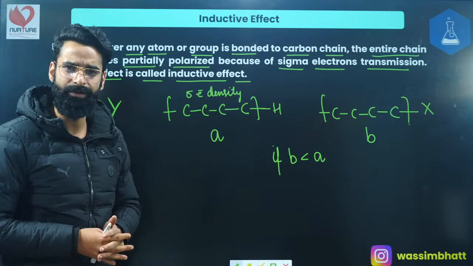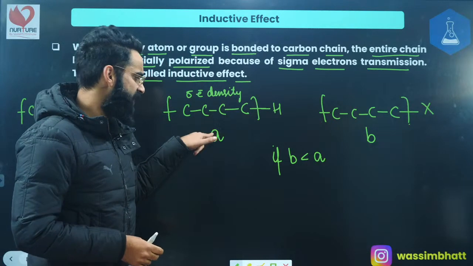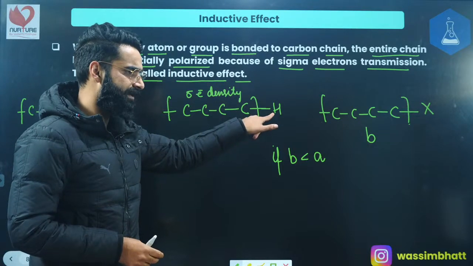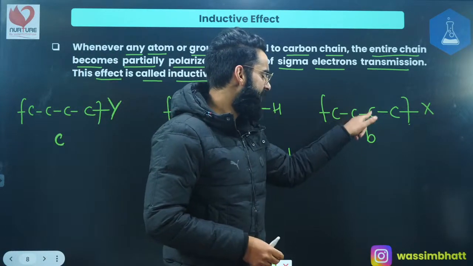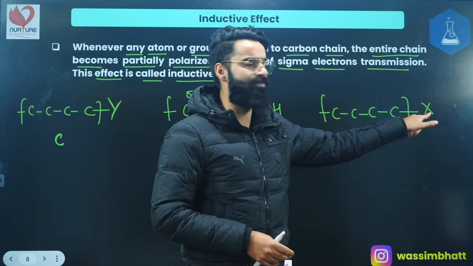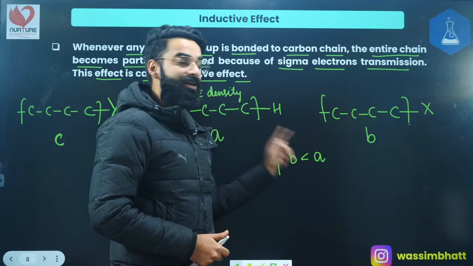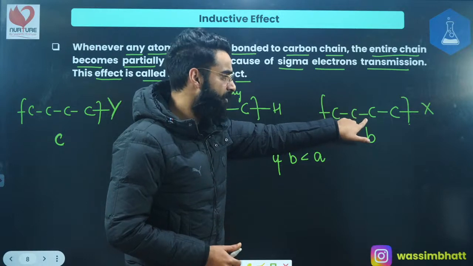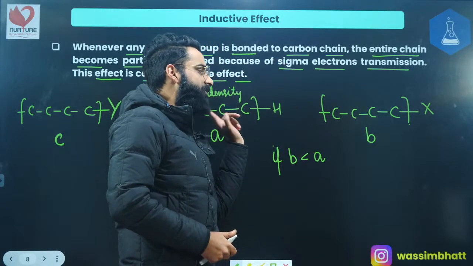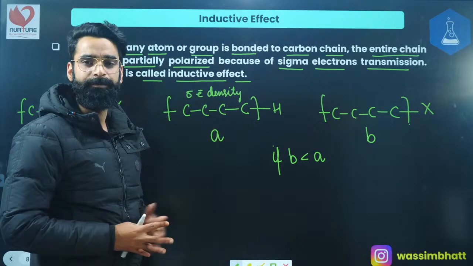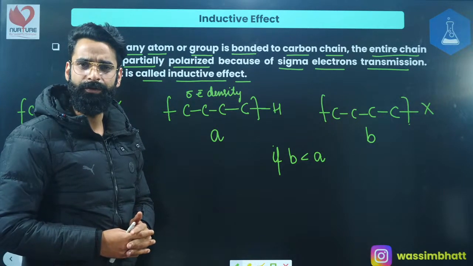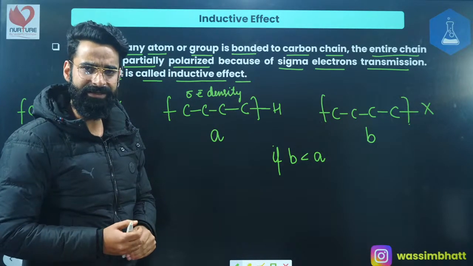See, the sigma electron density in this chain was A when hydrogen was attached. The sigma electron density over here is represented by B when X was attached. This is my first case: if B is less than A, what can we conclude?